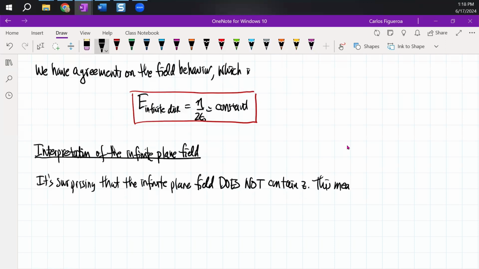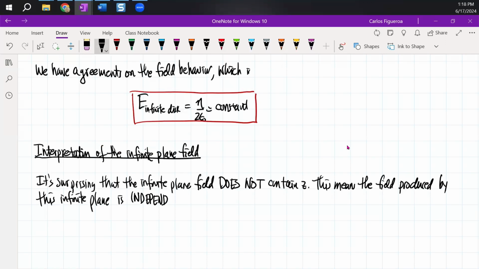This means the field produced by this infinite plane is independent of distance from the charged plate.